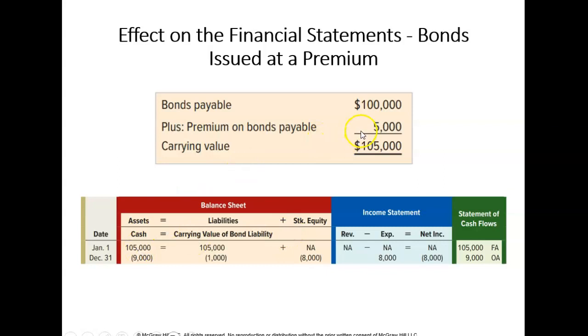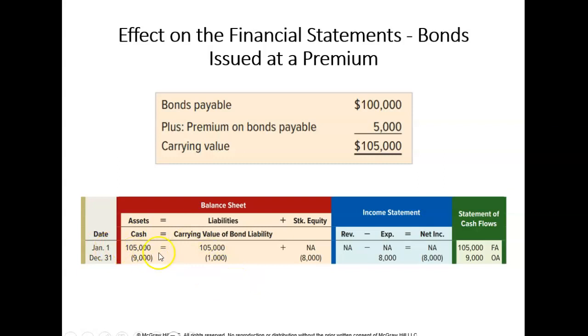Now, this premium will also be amortized over a 5-year period using straight line amortization. So you take the 5,000 divided by 5 years, you're going to amortize 1,000 per year. On December 31st, you're going to pay the bondholder 9,000. That's going to be the reduction in cash.